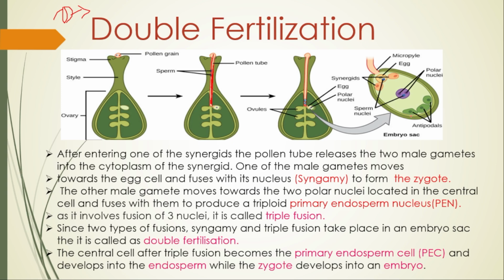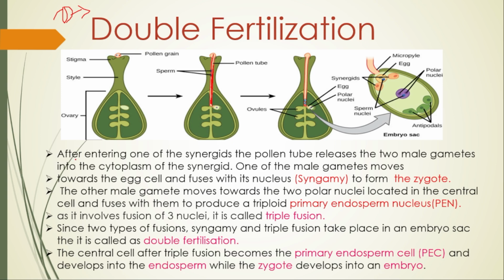How many cells does it have? It is 7 celled and 8 nucleated. 1 2 3 4 5 6 7 cells are there, and at the center there will be 2 nuclei, so there will be totally 8 nuclei and 7 cells here.